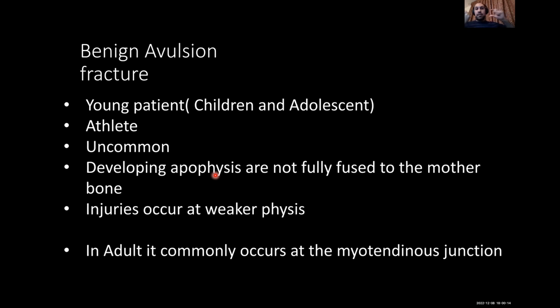So it can easily be avulsed. The weakest point at any tension is the site of insertion. But in older age, when bone becomes weak, if there is a metastatic deposit or malignant transformation, it can be avulsed.